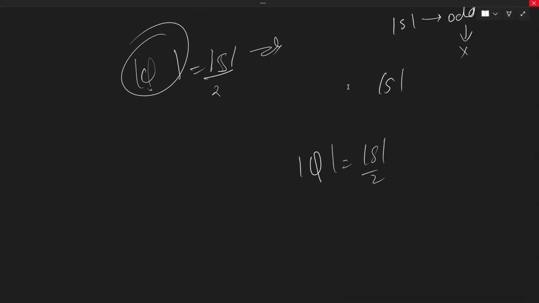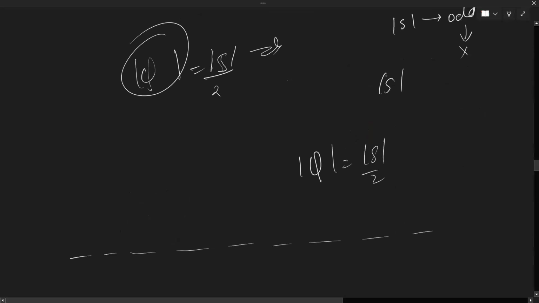So what we will do, we'll have length of Q equal to length of S by 2. So basically this is our string S, with length 1, 2, 3, 4, 5, 6, 7, 8, 9, 10. So length of Q is exactly half.